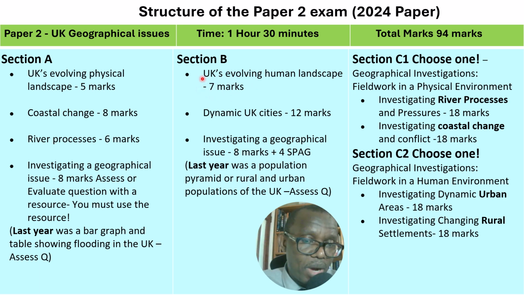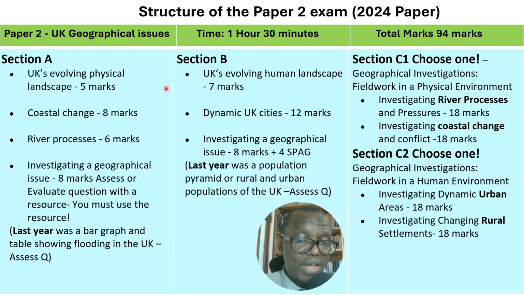These 7 marks on section B, these 5 marks, these 8 marks, and these 6 marks here are based on, amongst those questions, some multiple choice questions, but not that many, 1 or 2 for section A and 1 for section B. And then you'll also have 2-mark questions. You're also likely to have 3-mark questions, and then you're also likely to have 4-mark questions.